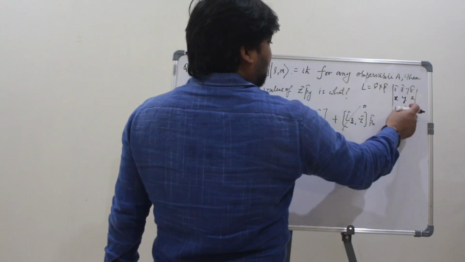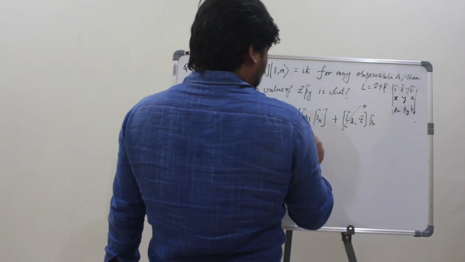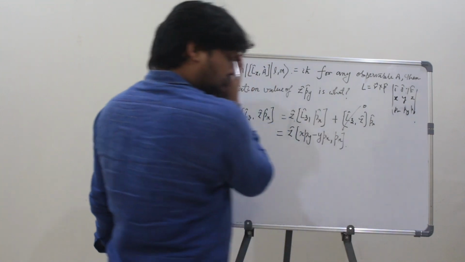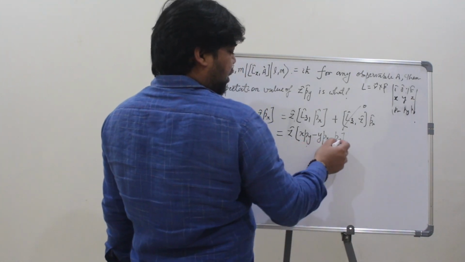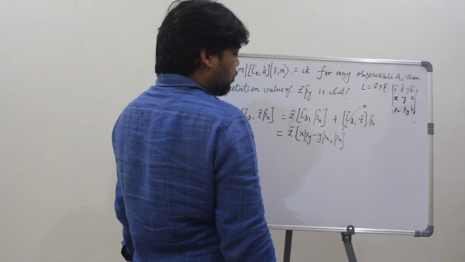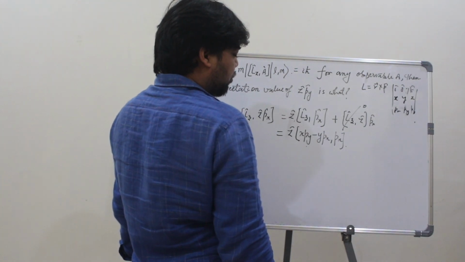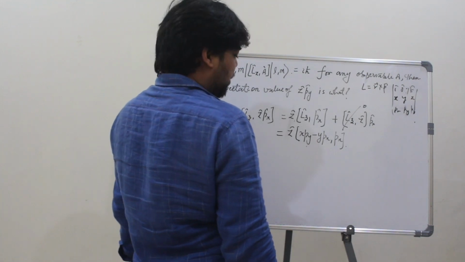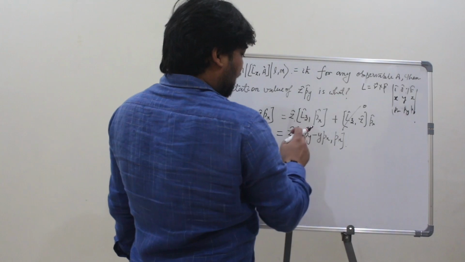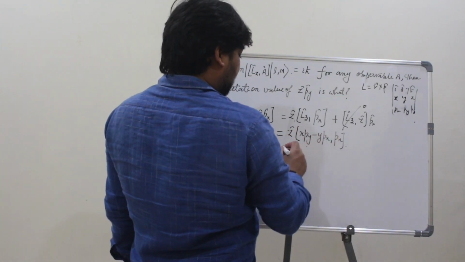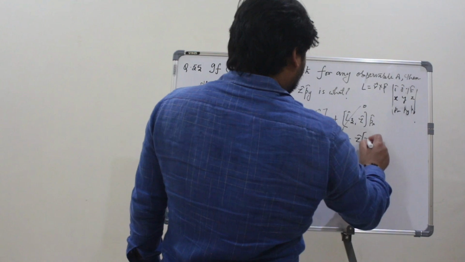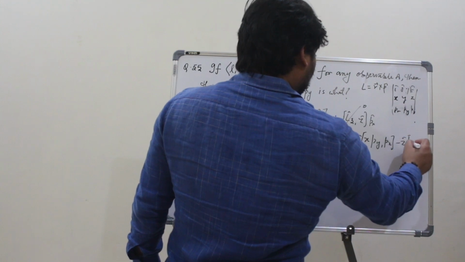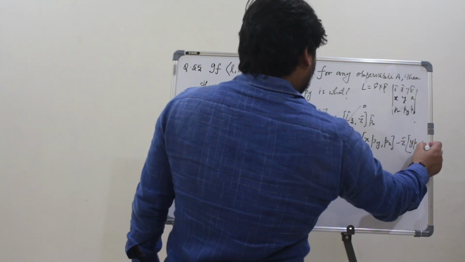This gives you x py minus y px. Now the commutator of x with px is i hbar.